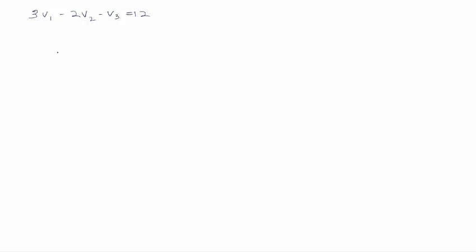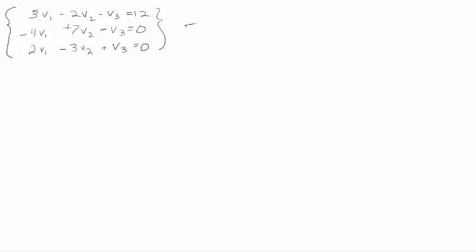At node 2 we got minus 4V1 plus 7V2 minus V3 equals 0. And at node 3 we have 2V1 minus 3V2 plus V3 equals 0. So these are our three equations and our three unknowns, V1, V2, V3.